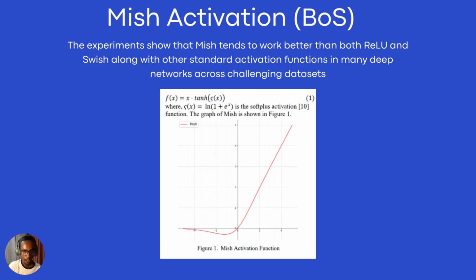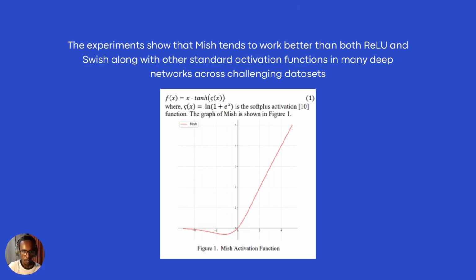And the Mish activation function can be represented by the graph on the image. As you can see, for values below 0, it's not suffering from a dying ReLU problem because it has some non-zero values, and it's not bounded above, which makes it similar to ReLU.